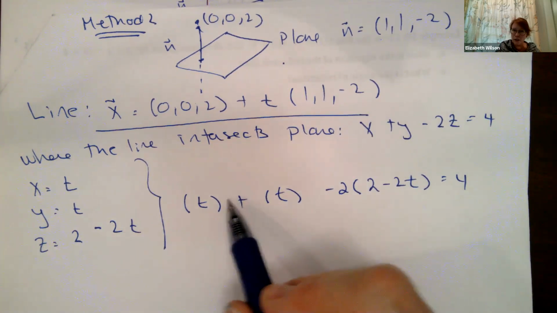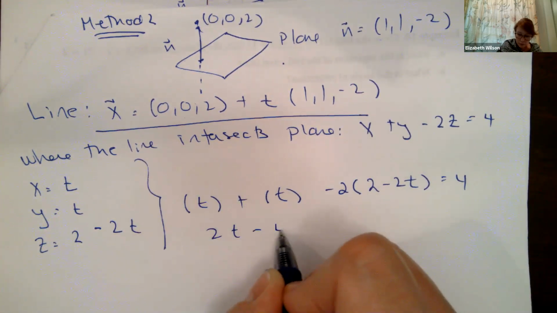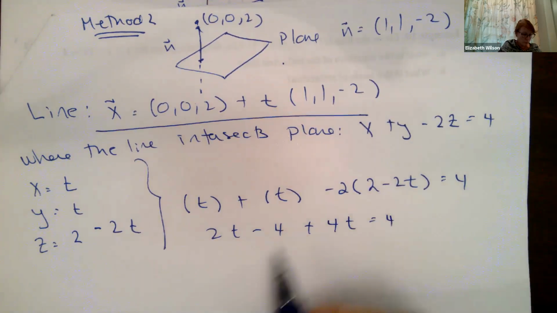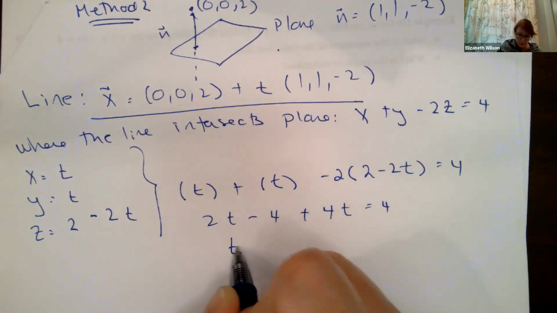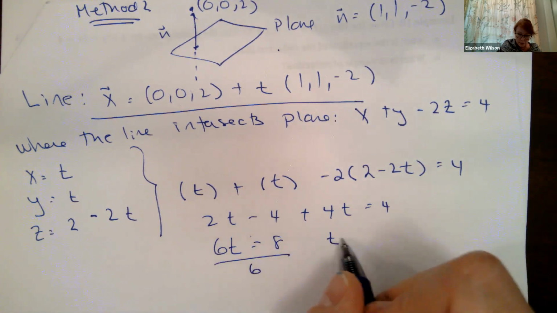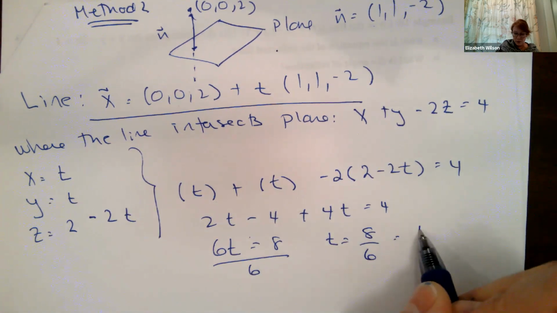Okay, so I'm going to combine all like terms and find my t value. So 2t minus 4 plus 4t equals 4. So I start combining and I get 6t equals 8, t equals 8/6. Oh, that looks familiar, doesn't it? This is 4/3.